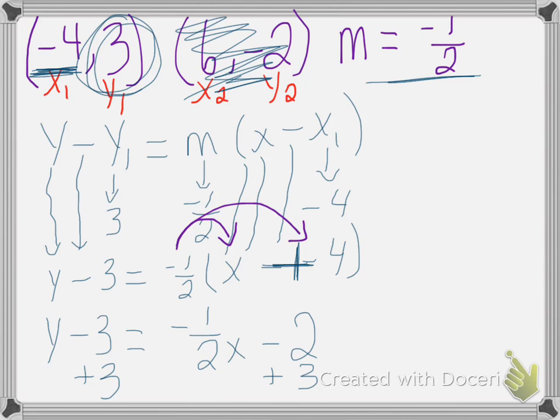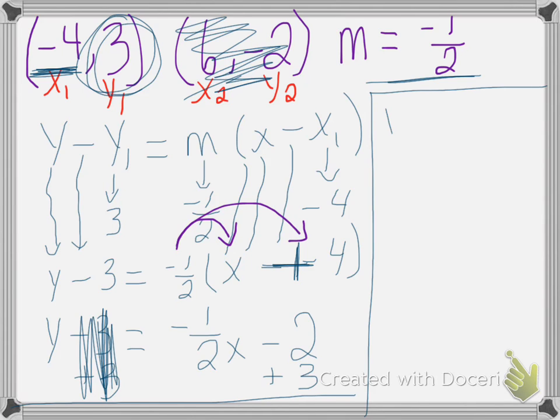That's the wrong place. So we fix it. This goes away. And I ran out of room, so I'm going to write it over here. So we're left with y equals negative 1/2 x, and then negative 2 plus 3 is a positive 1.